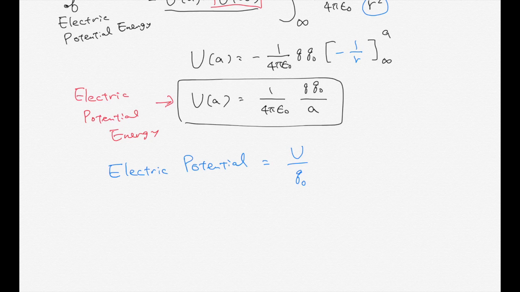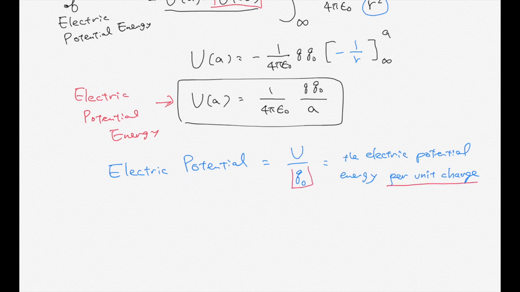In the last case, we considered a test charge, and this is the electric potential energy. This means the electric potential energy per unit charge. So we need to take into account the per unit charge. You have to divide by Q sub 0.